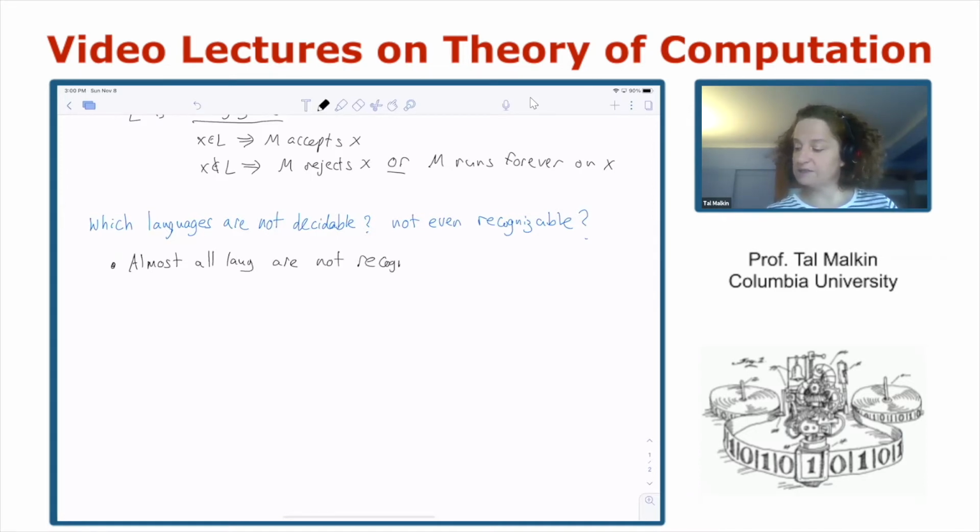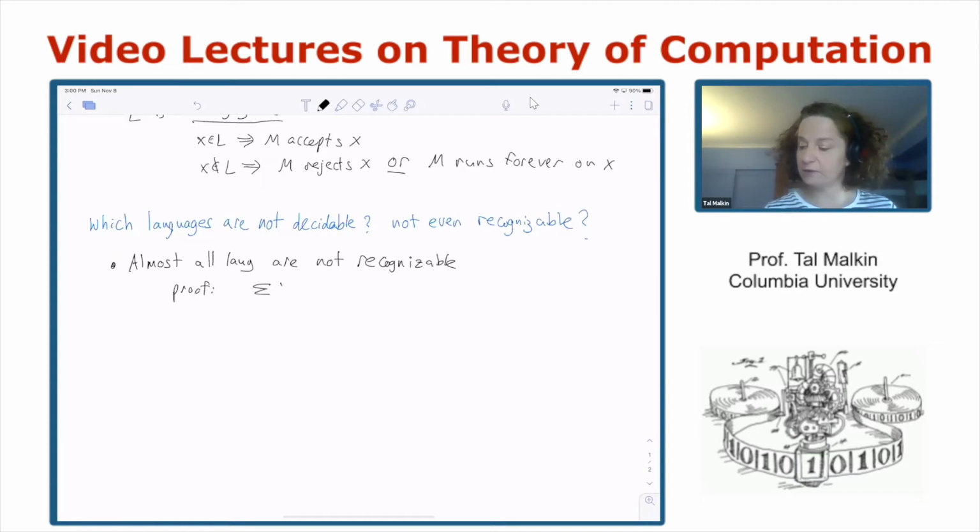And the way we saw it is by claiming that the number of recognizable languages is countable, whereas the cardinality of all possible languages is not countable. So just to quickly show why this is the case.